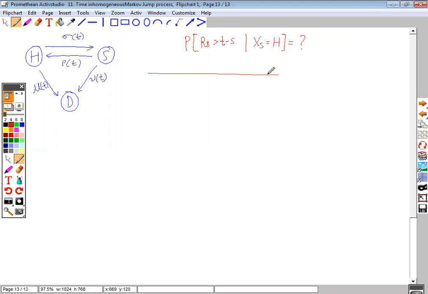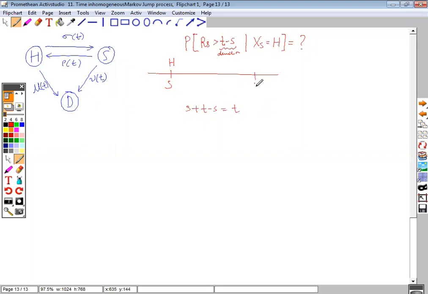So if I were to draw a timeline for this, I know that at s, I am in healthy state. And in time period t minus s, this here represents the duration, right? Because this Rs is the holding time. So the holding time is t minus s. So what you do is s plus t minus s, which is equal to t.